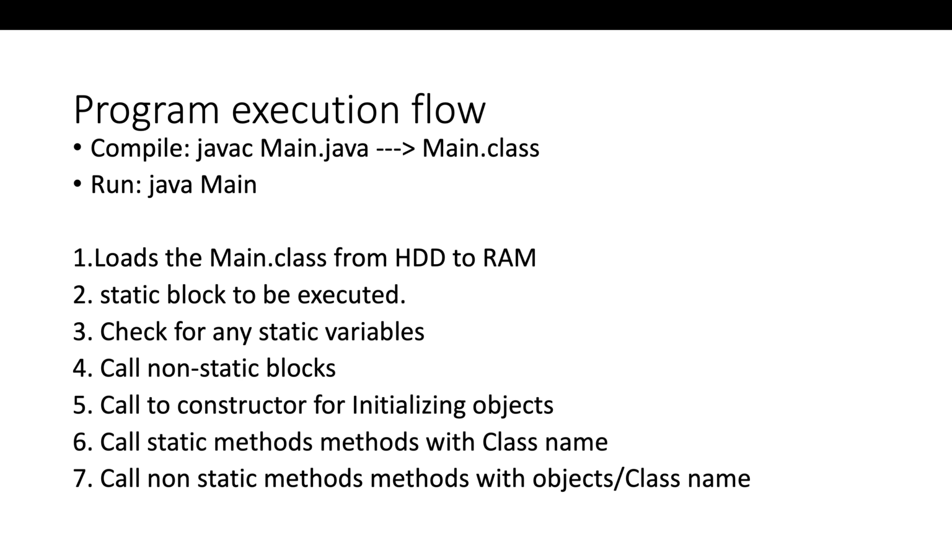So main.java is passed to the javac compiler, which produces main.class and stores it on the hard disk. After that, whenever you call the JVM by passing main.class or any .class file, it will load the .class file from the hard disk to RAM.